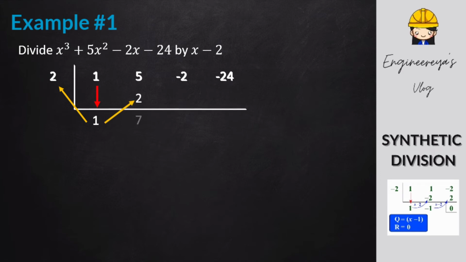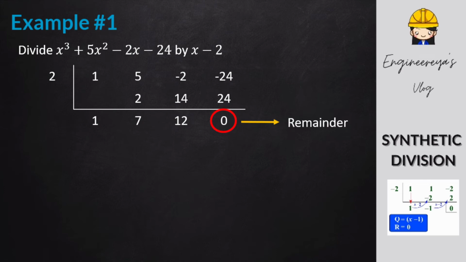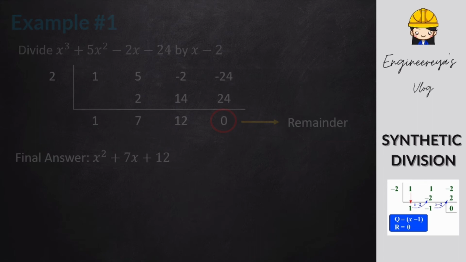The result is 7. Bring 7 down. Multiply 7 by 2 and add the result to negative 2. The result is 12. Bring 12 down. Finally, multiply 12 by 2 and add negative 24 to get 0. As you can see, the remainder is 0. So the answer, or the quotient, is x squared plus 7x plus 12.